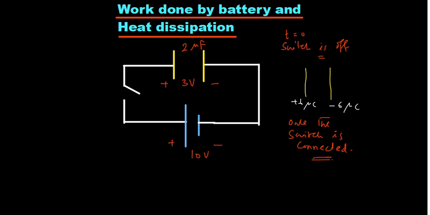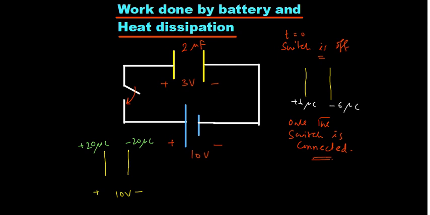When the switch is connected, the battery will develop a potential difference of 10 volt across the capacitor. So the potential difference across it becomes 10 volt. Capacitance still remains 2 microfarad. So what is the charge now? It will become plus 20 microcoulomb and minus 20 microcoulomb.